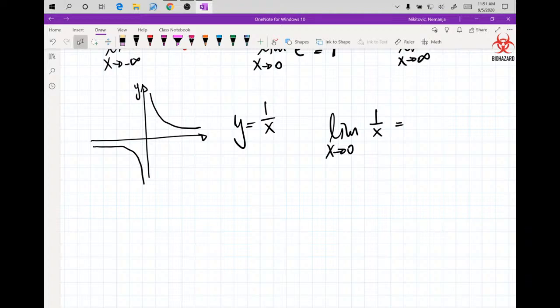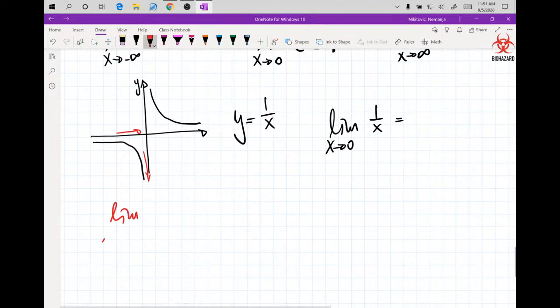When you have problems like this, breaking the problem down into the left approach and right approach is what you actually need. So you have your left approach, the Juliet approach, and you can see that Juliet is dropping down to negative infinity over here. So the limit as x goes to 0 minus of 1 over x is negative infinity. That's what's happening to your y value.